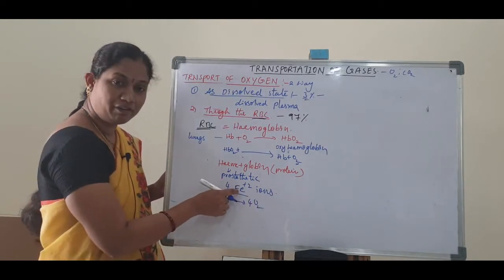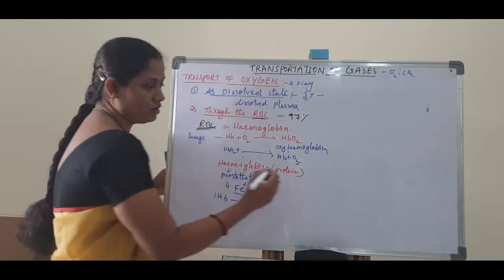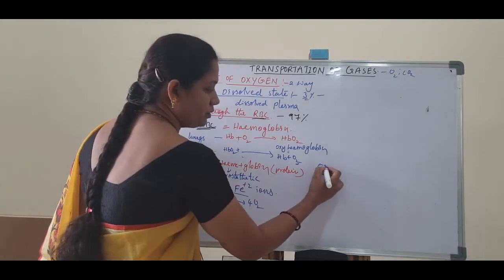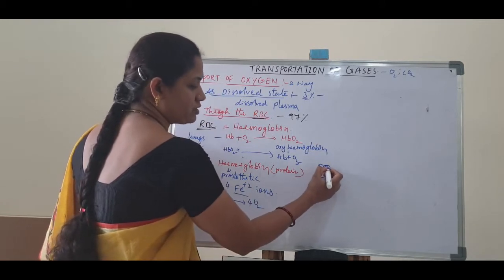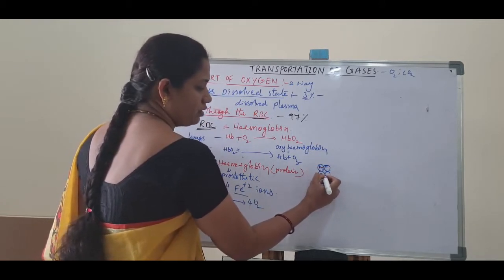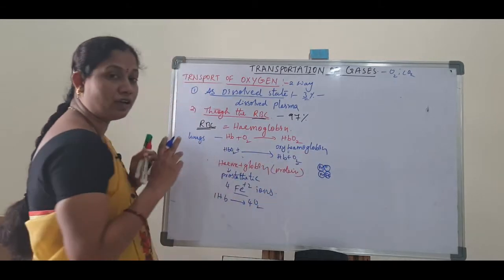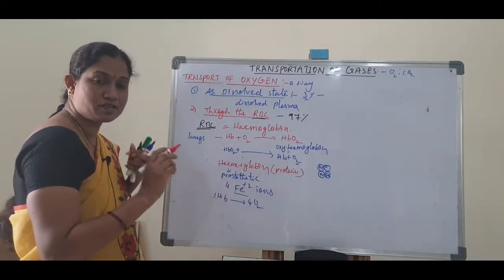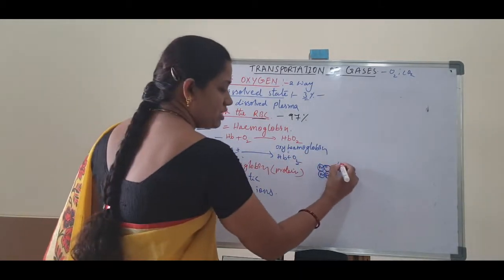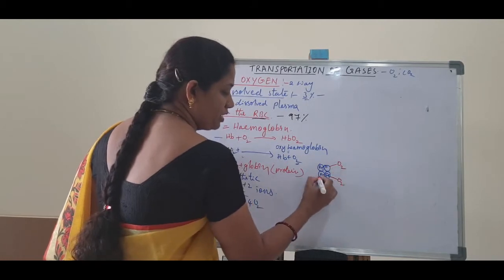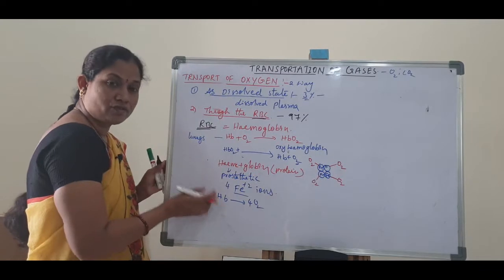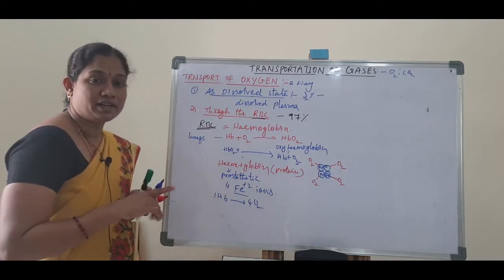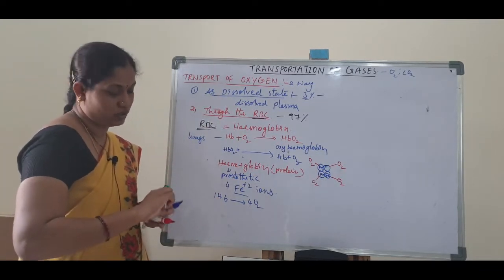Here one ferrous binds with 1 oxygen. For example, in hemoglobin there are 4 ferrous, Fe plus 2, and each ferrous binds with oxygen. So each hemoglobin can bind with 4 oxygen.